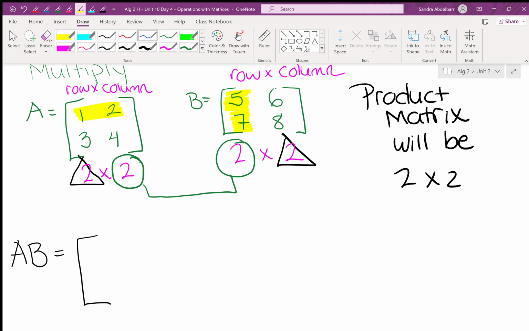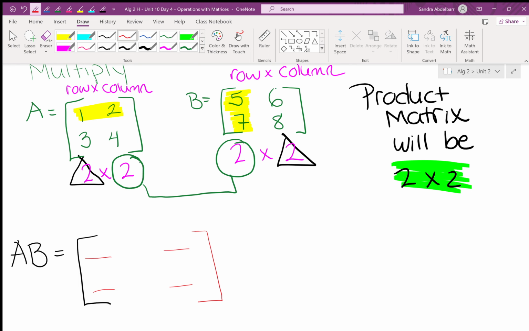What do I mean? Sometimes what helps is that we know our product matrix will be a 2 by 2, so I put little dashes for the elements so I know I have to have a 2 by 2. I'm not creating a bigger matrix or a smaller matrix. I'm creating exactly what I need.